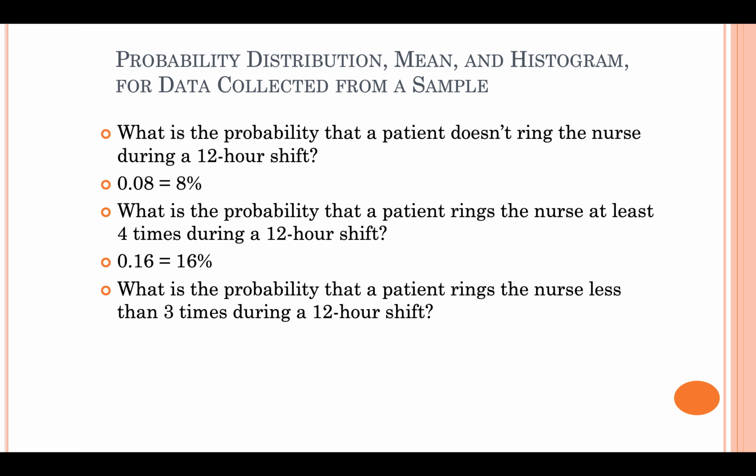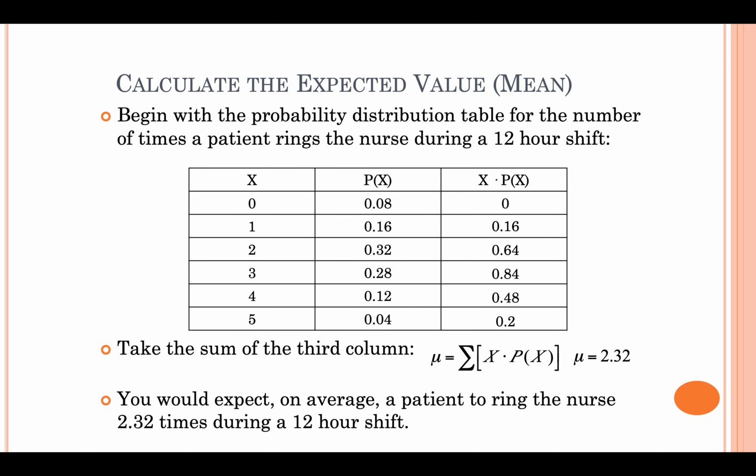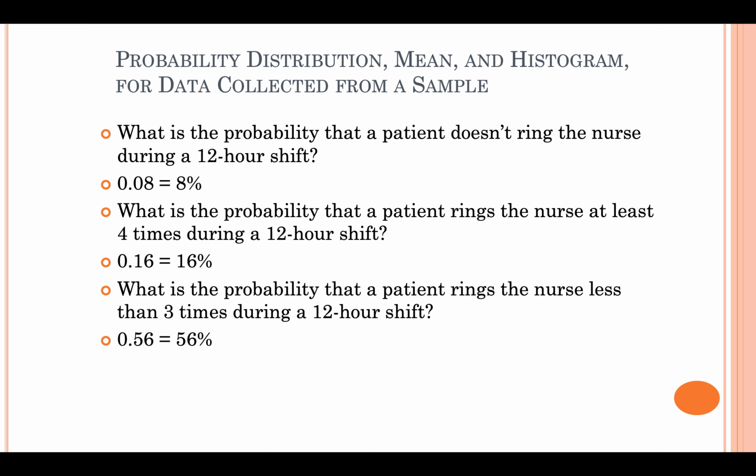Okay, and the last question, what's the probability that a patient rings the nurse less than 3 times during a 12-hour shift? Less than 3 represents 0, 1, and 2. So adding up the probabilities for 0, 1, and 2, we have 0.32 and 0.16 is 0.48 and 0.08 is 0.56, or 56%.